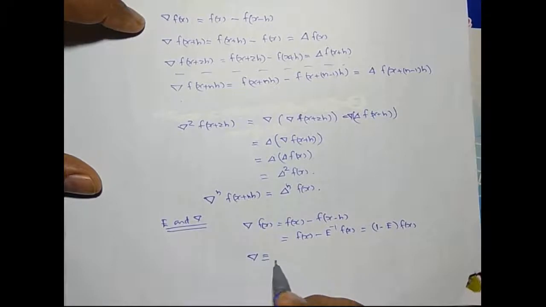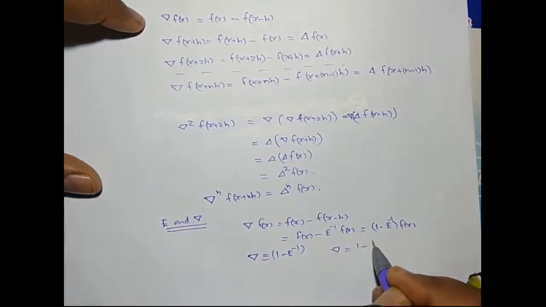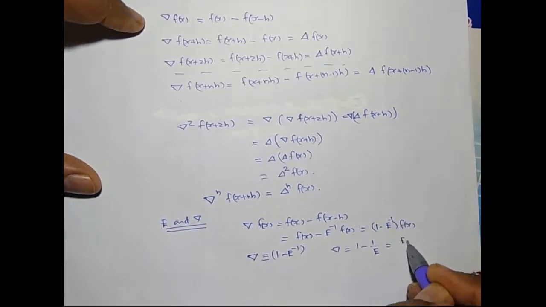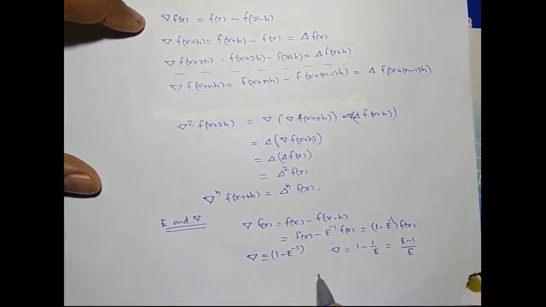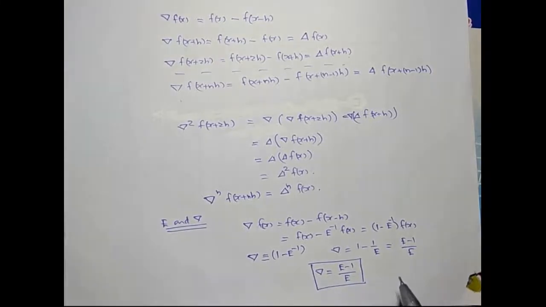Nabla is equivalent to 1 minus E raised to minus 1, or nabla equal to 1 minus 1 by E equal to E minus 1 by E, or nabla equal to E minus 1 by E. This is the relationship between nabla and the shift operator E.